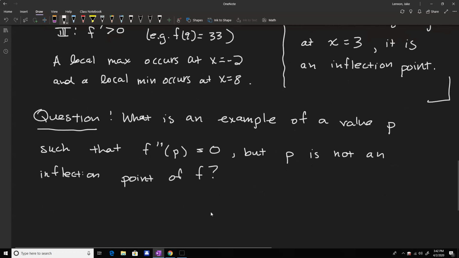So basically we need to come up with an example of a function and a point where the second derivative at that point is 0, but the second derivative will not change signs there.